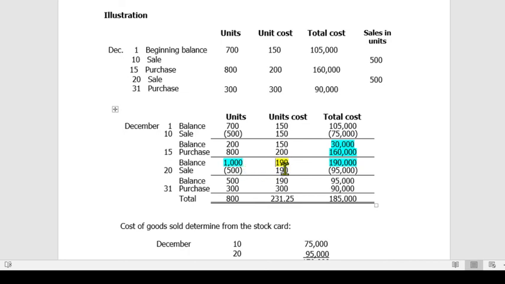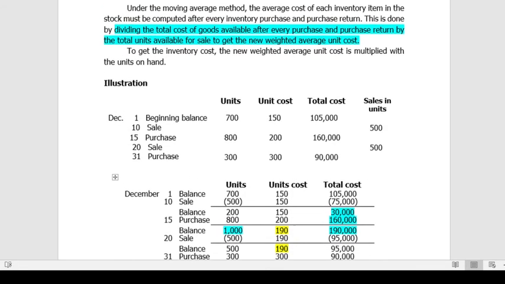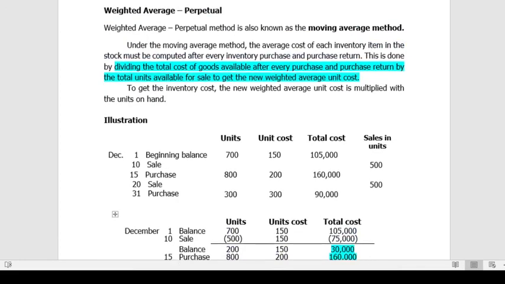Dahil ito ay moving average, ang cost na yan is yung moving average cost mo dito. Kaya 190. So, 500 times 190 is 95,000. So, that is a deduction. So, magkano na lang natira? 95,000. Kaya mapapansin mo, kapag nagbenta ka, wala yung effect sa unit cost under the moving average method.